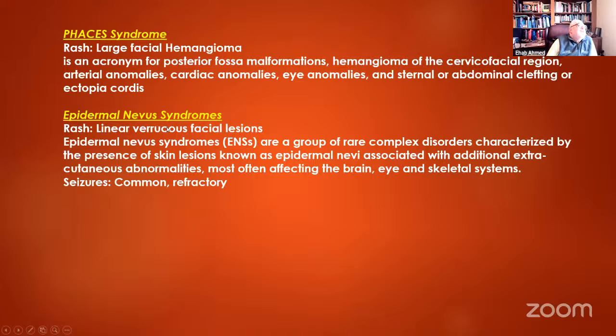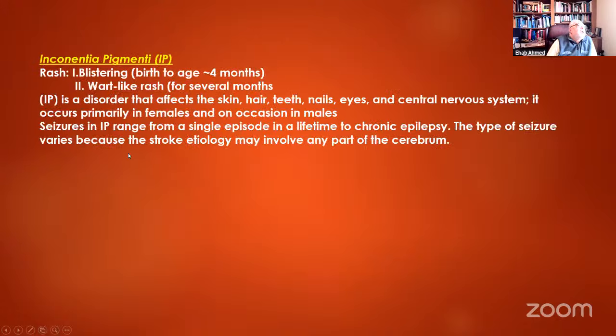Yes, this is the nevus I told you about. It's called epidermal nevus syndrome. It is very rare, but it can happen, and it can cause seizures and face rash.